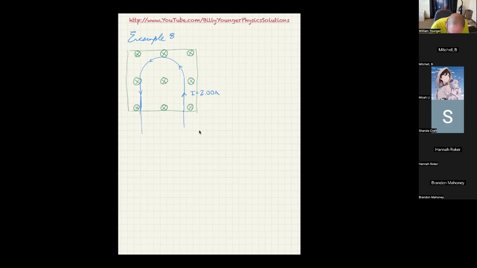What I'm going to tell you is that this length right here is just going to be called L. And this length right here is actually twice R, so I'm going to say this length is 2R. I'm using very generic symbols.